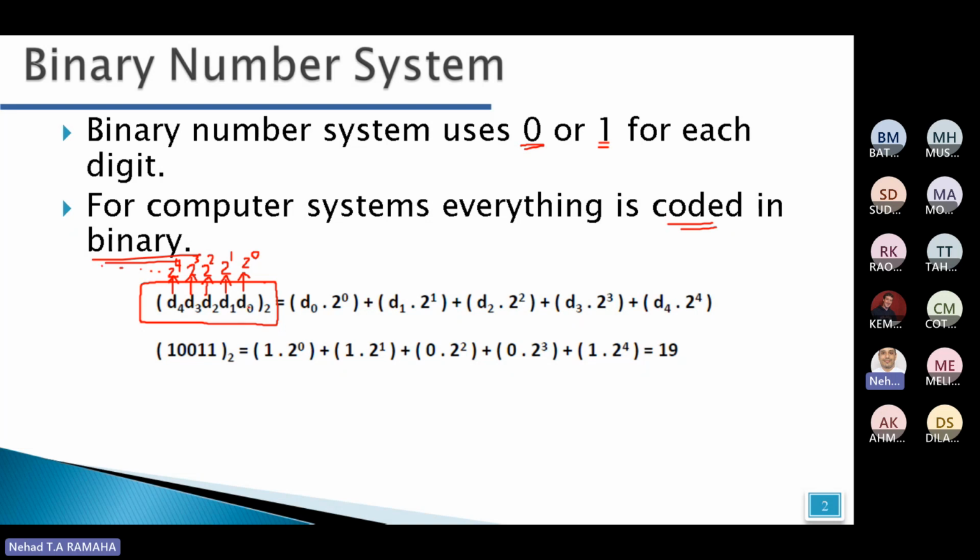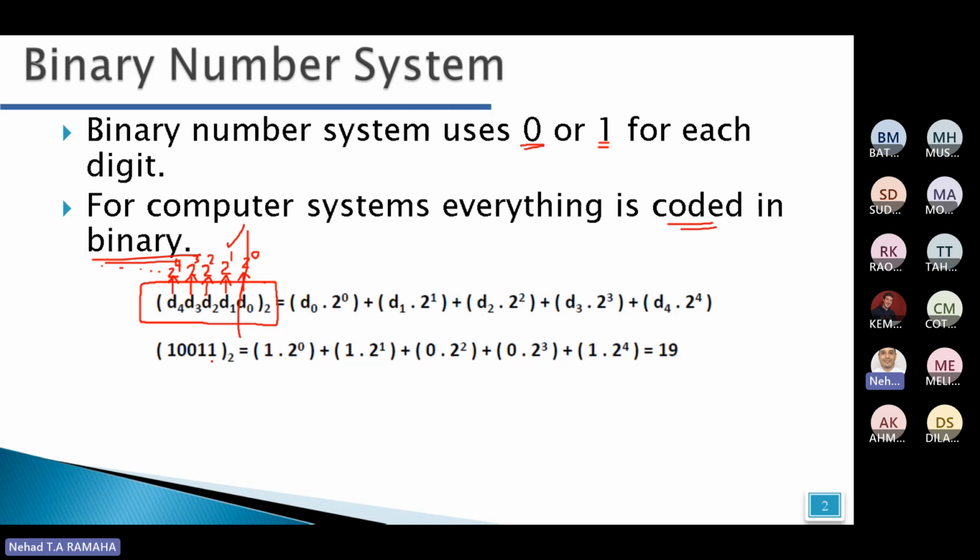To get the number in the decimal system, you have to multiply the value with the digit. If it's 0, then you can remove the value. If it's 1, you take the value like this.